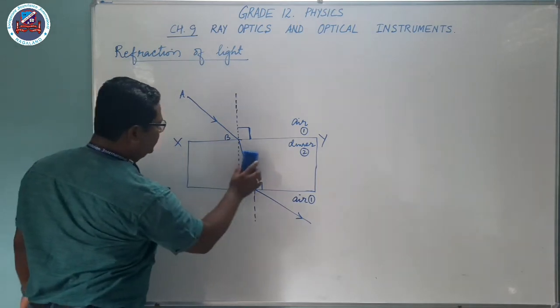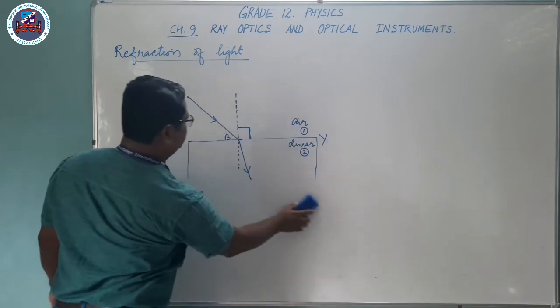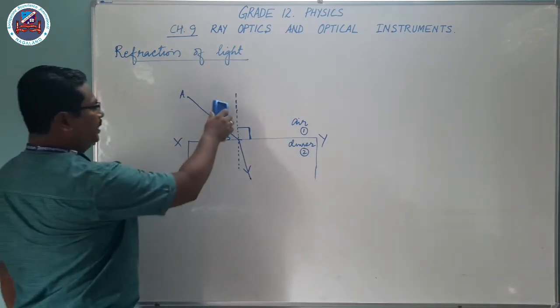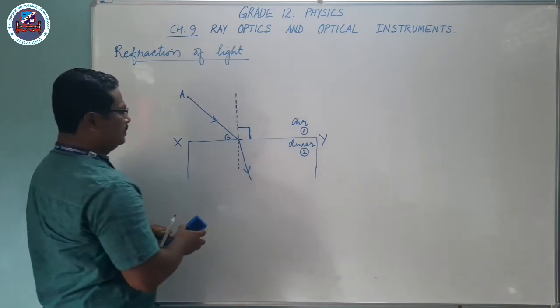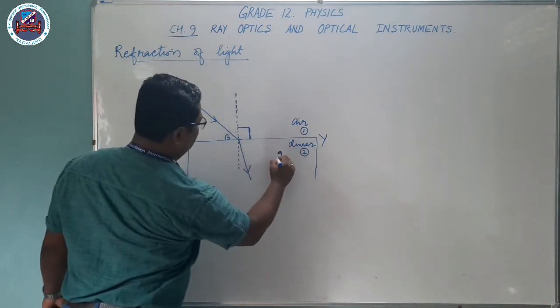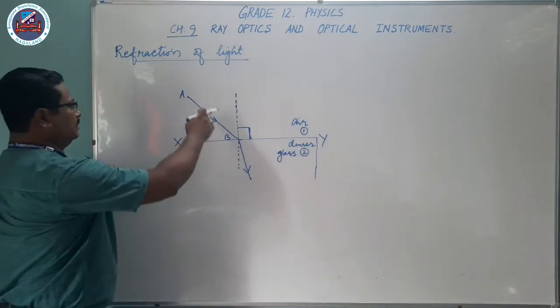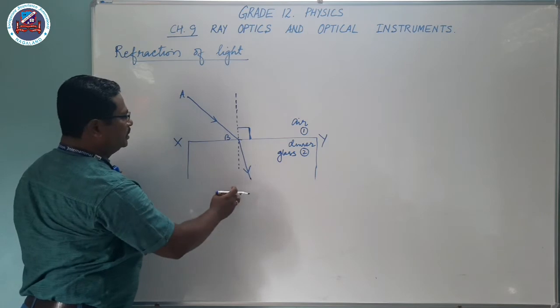Now some terms you have to know. If I take light traveling from air to glass, then as you know, the ray of light will bend towards the normal.